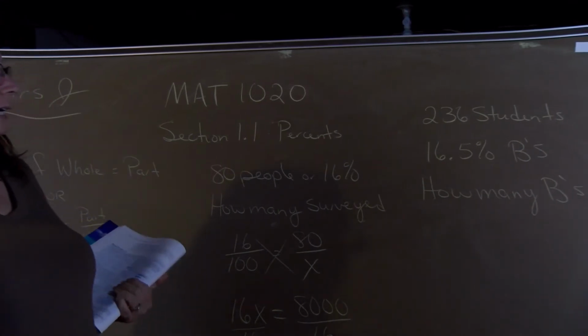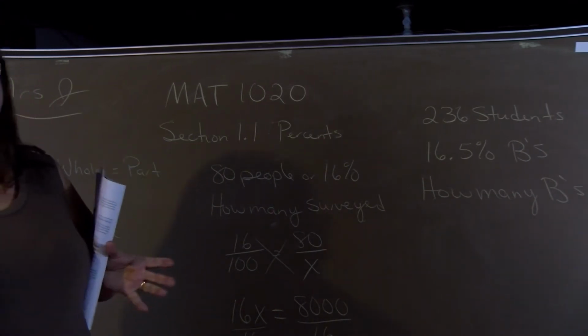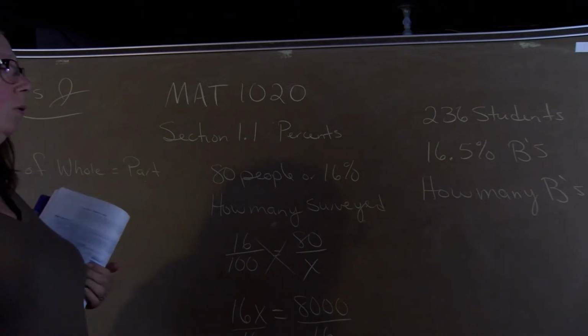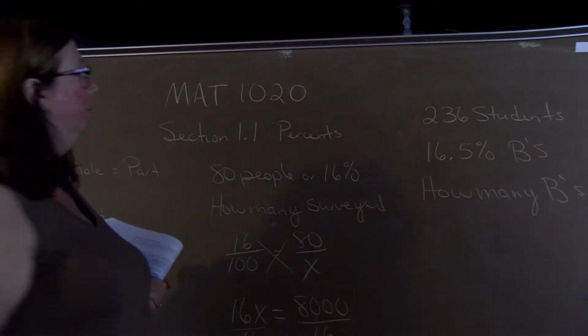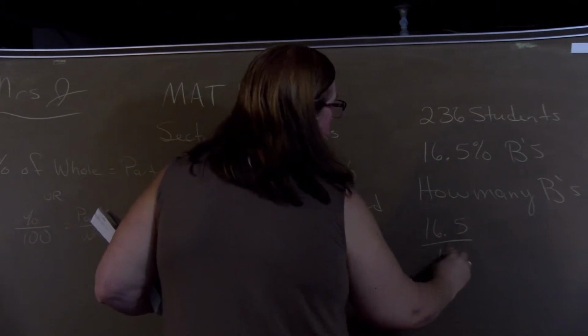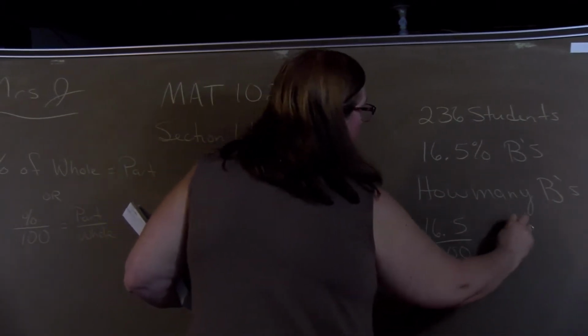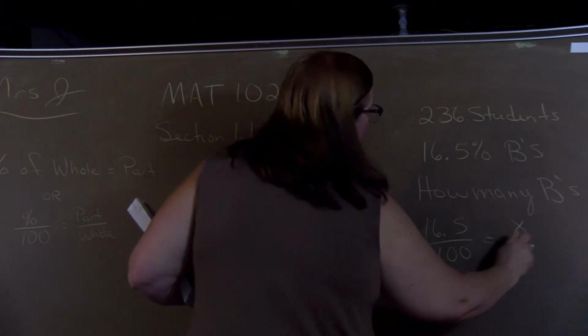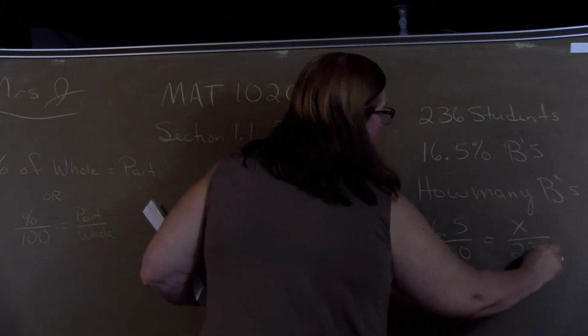So in this case, the 236 students is all of the students. That one's the whole. We're looking for the part. So the 16.5 over 100 equals the value we're looking for over 236.